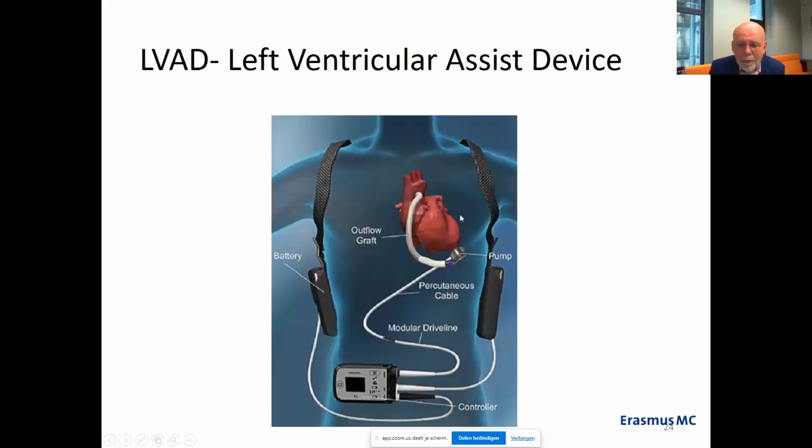Unfortunately, this pump, of course, needs power. So until here, this is sitting inside the human, and here it sticks out, and this is a machine that is sitting on your belt. These batteries are, of course, essential: if the battery stops, the person will die.